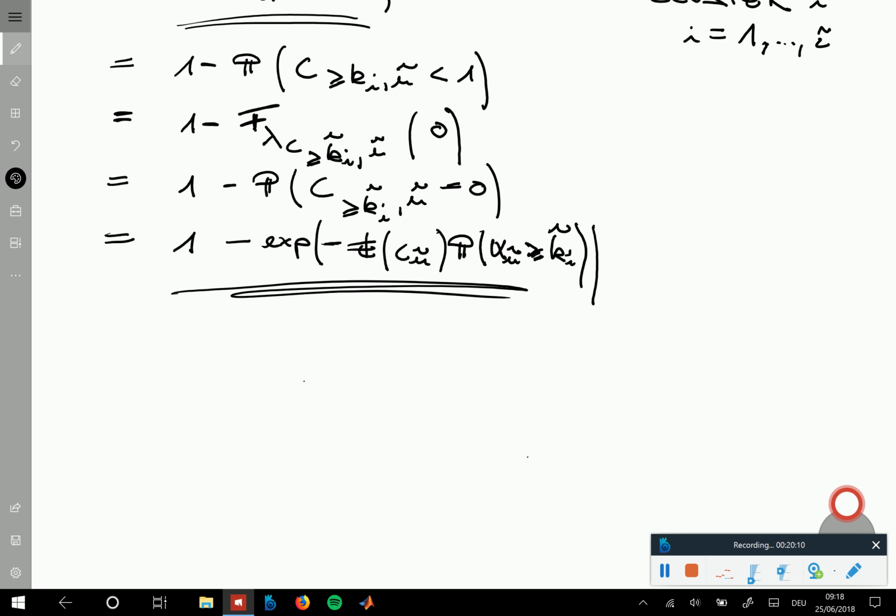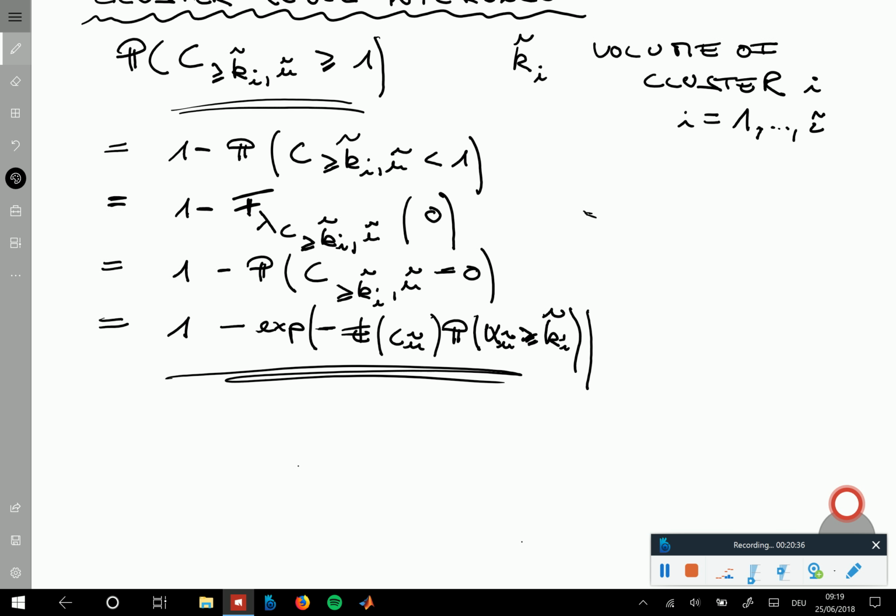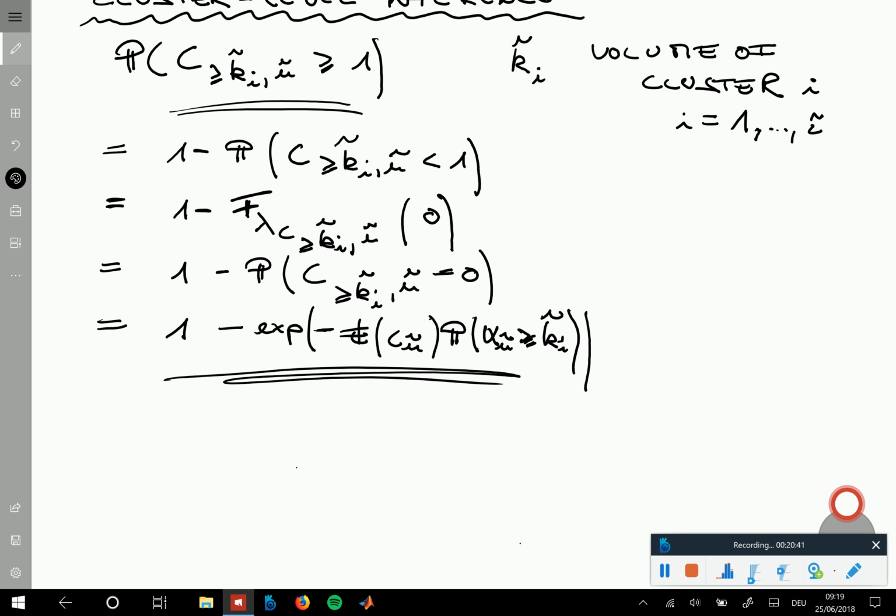But it's fairly straightforward to see that this special case of the number of clusters with a volume larger than k tilde at the cluster defining threshold, smaller than 1, is the same as the distribution of the maximum volume. We will come back to that and make it more clear, because it really relates to family-wise error correction.